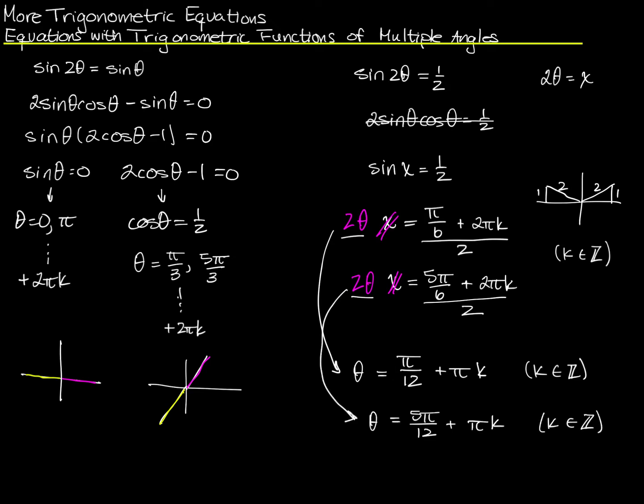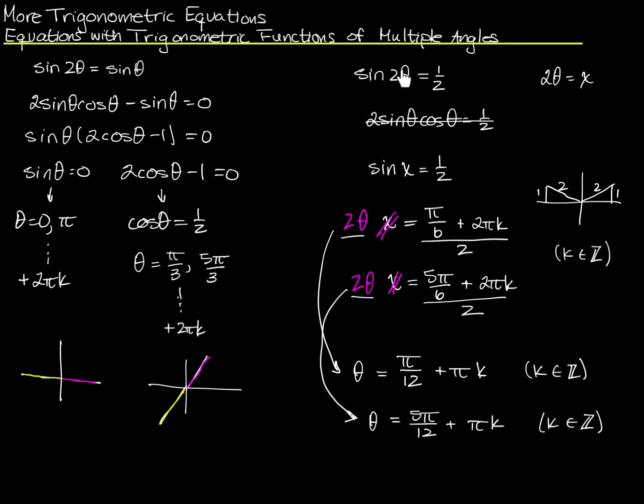So I have my two solutions for theta, 2 lines. This is an infinite number of solutions, but my two primary solutions for theta, but I had to find 2 theta first because of where this angle is, right? This angle is twice as big as one we know how to find the sine for, or as we know how to find the inverse sine for.